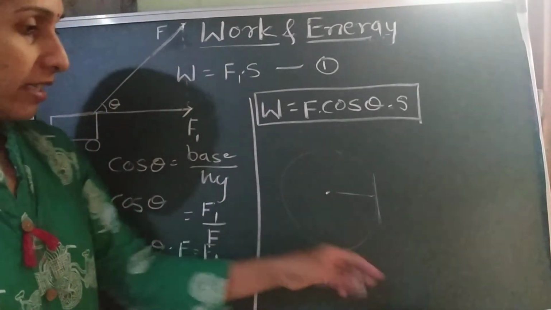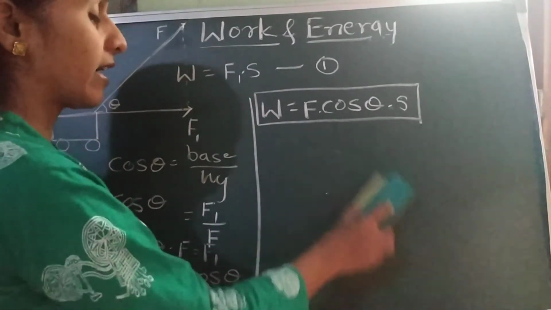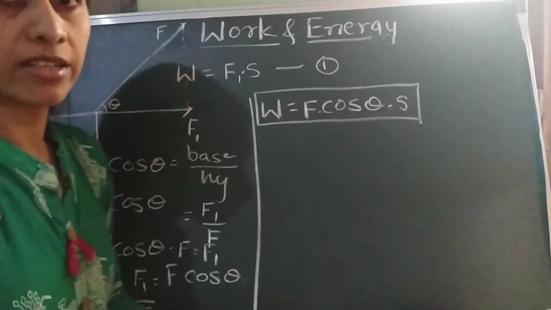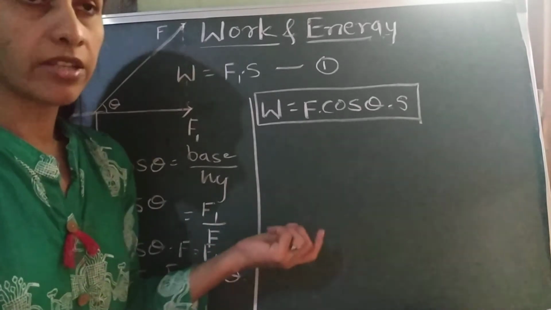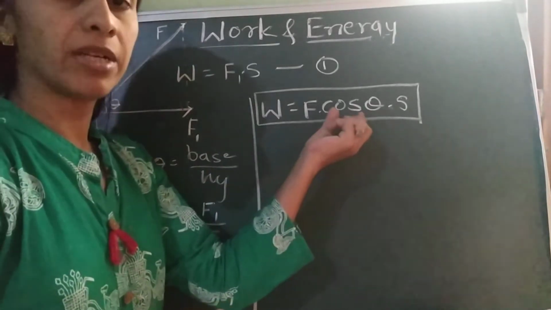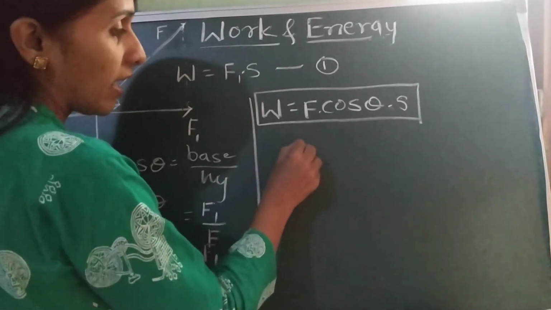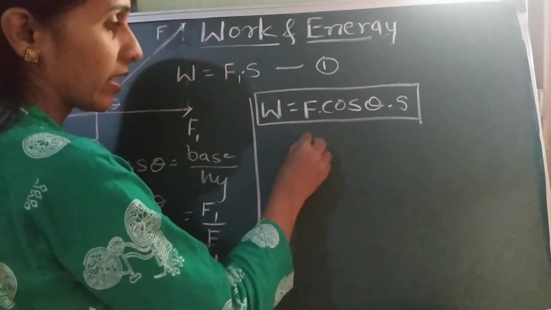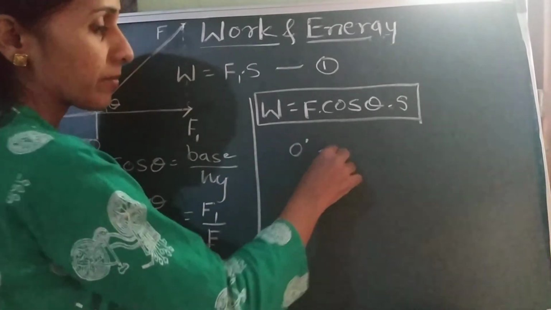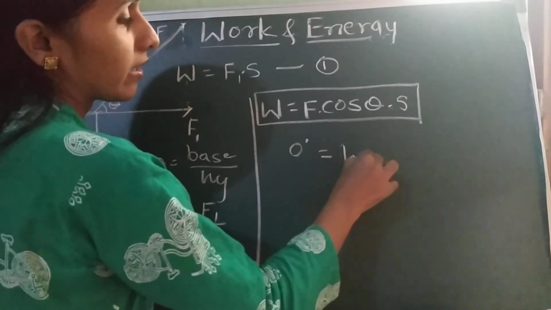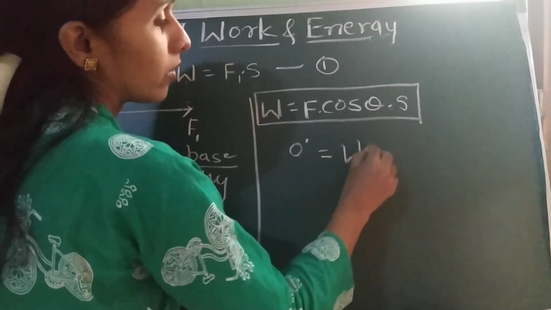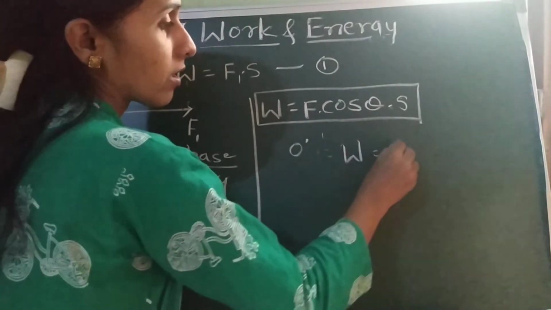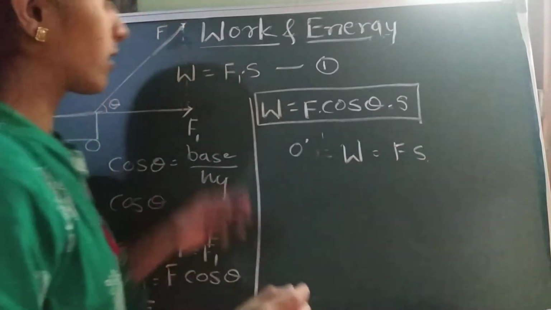In the trigonometry table, the values of cos theta and sin theta are given. Here we have to consider only cos theta, because it is mentioned in our formula. If the angle is 0 degrees, there is work done, and work done is equal to F into S, the previous formula.